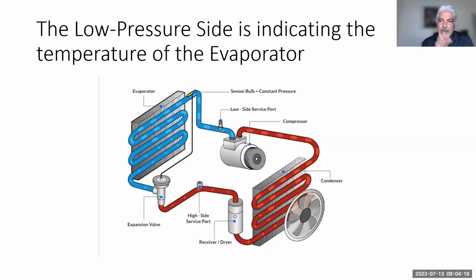But what I want to review here is the fact that airflow, both on the condenser side and on the evaporator side, is everything, especially on the condenser side. Yes, we want cold air to the face, like we said already. We talked about the HVAC system in part one, but we have to understand that airflow is the biggie. So if you were to look at a refrigeration system like the air conditioning system, you often ask yourself, what is it that I can enhance to make it blow even colder?